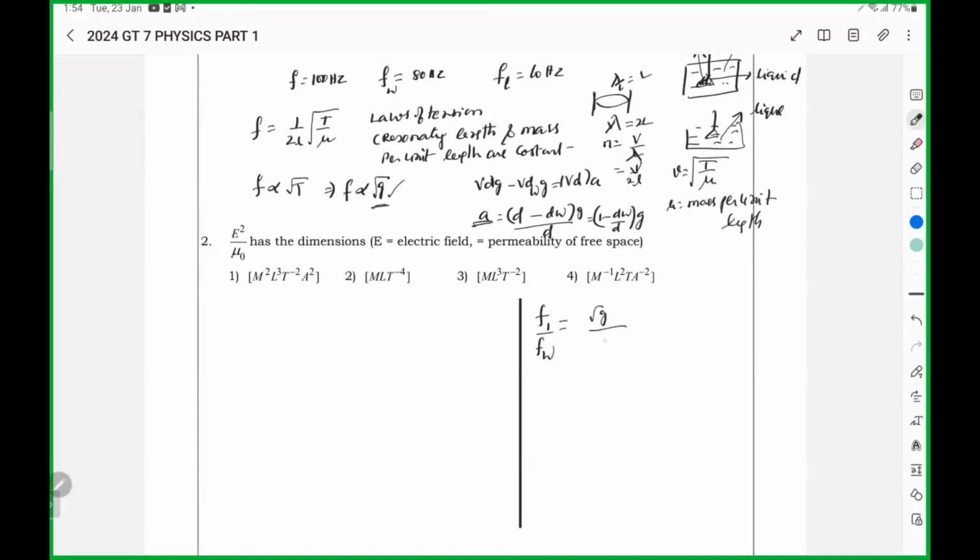Your acceleration will be 1 by 1 minus d_w by d. So F1 here is 100, F_w is 80.